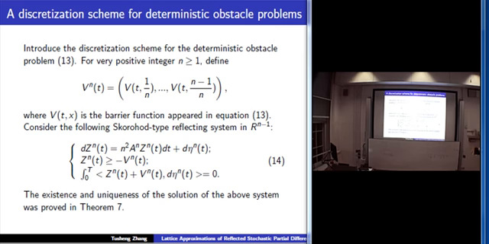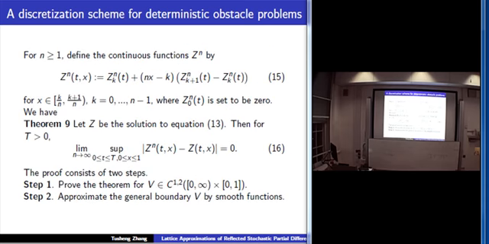So now I can define my approximation scheme for this deterministic parabolic problem. I simply join the points by linear interpolation. Because it is deterministic, I can prove that this scheme indeed converges to the solution of the deterministic parabolic obstacle problem. So basically I need two steps. First I assume the barrier is nice, smooth, then I approximate the general barrier by smooth functions.